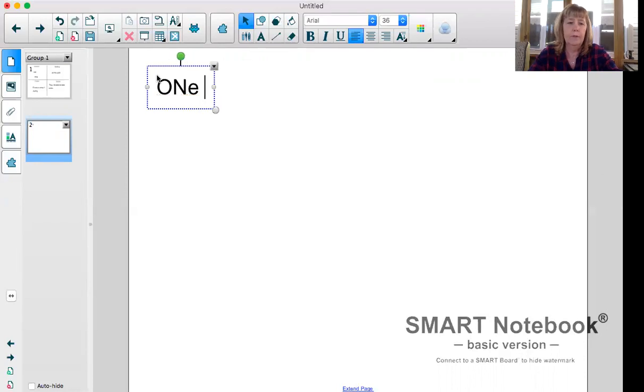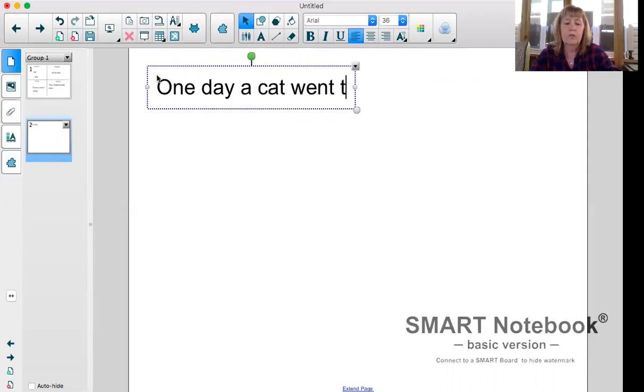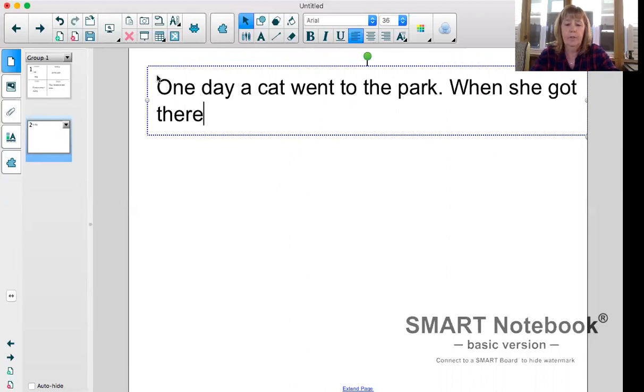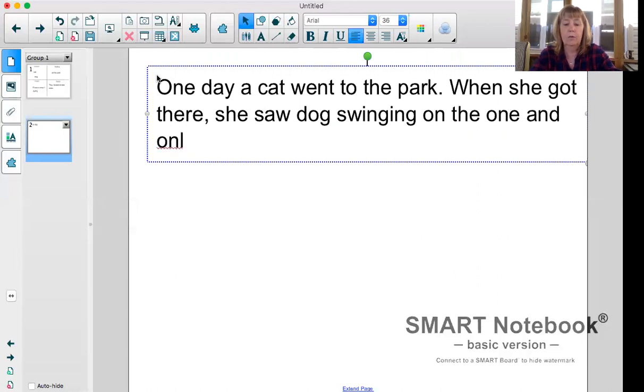One day, look at Mrs. Wonsil. See, I even make mistakes. One day, a cat went to the park. When she got there, she saw dog swinging on the one and only swing. She told dog to get off.